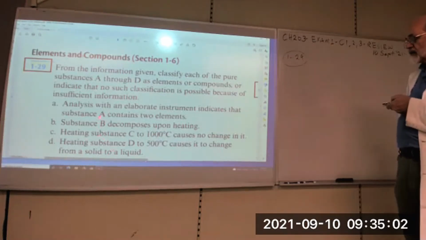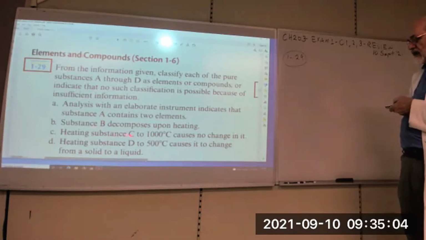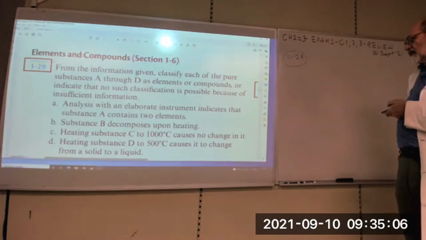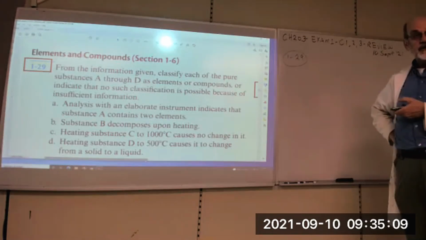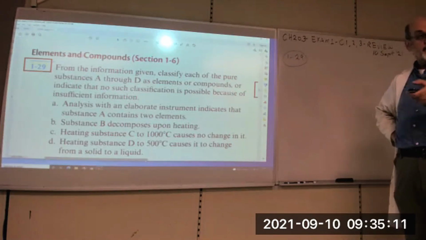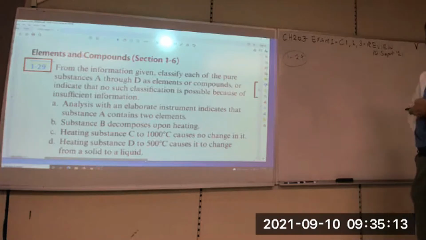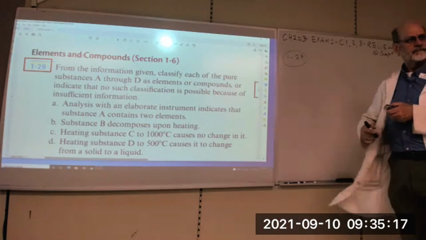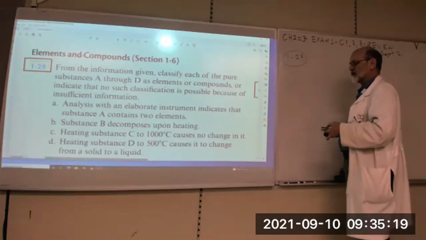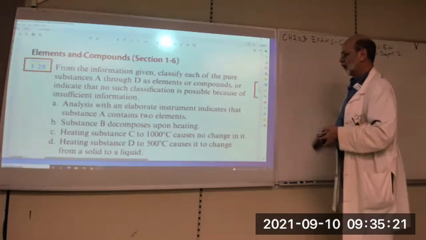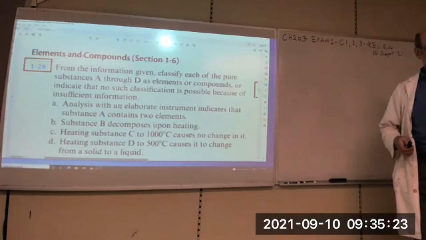Because when they say substance A or substance B or substance C, in many cases you have to assume that those are pure, just right off the bat. Otherwise, you can't go any further. Right? So let's set this one aside. I don't think answering this one is going to help us at all understand chemistry.